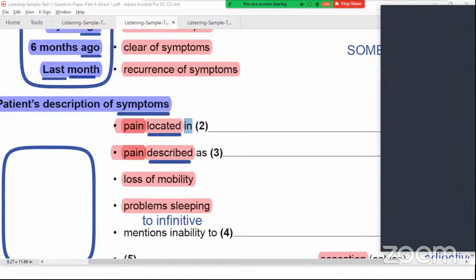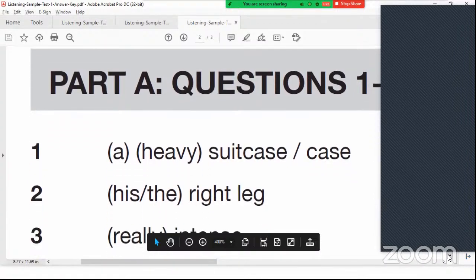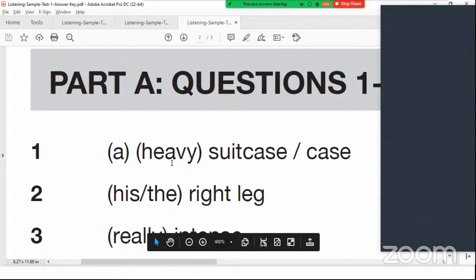Okay. 7, 6, 5, 4, 3, 2, 1, and submit. Okay, now let us see the answer.